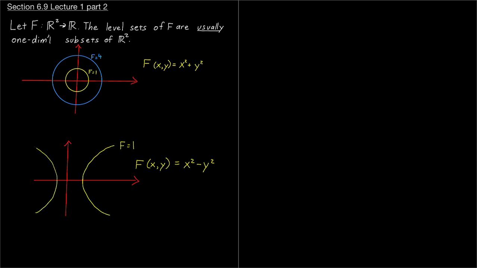Notice that our level set f equals 1 is now a hyperbola. It's suddenly not connected. Then the level set f equals 2, similarly, is a two-sided hyperbola. And the level set f equals -1 is a hyperbola going in this direction.